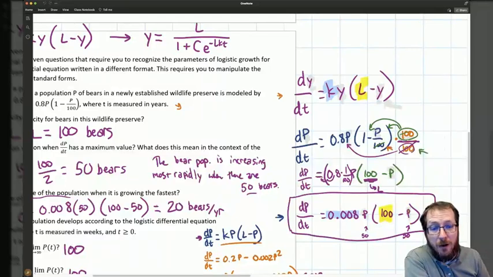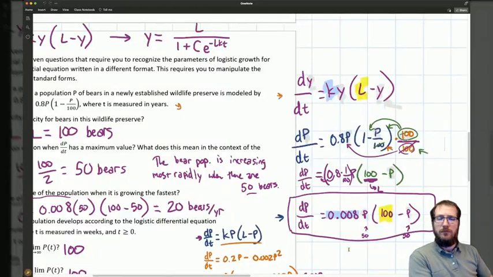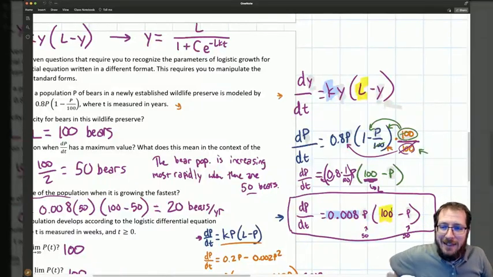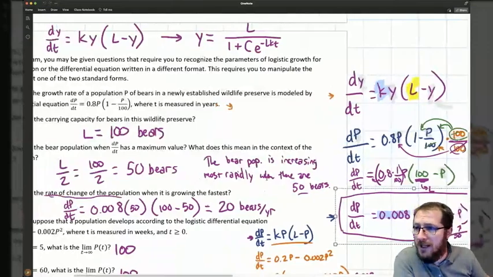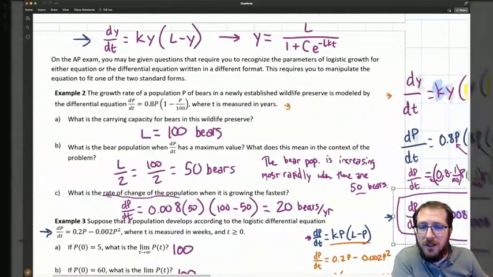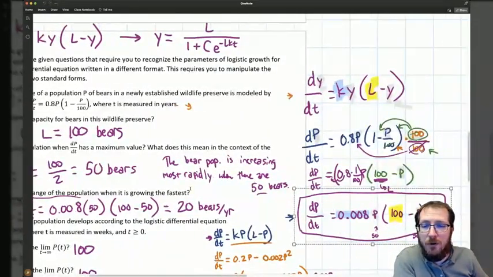We've got our P or our Y by itself. We've got a factor of it on the inside and the outside of our dy/dx, or dP/dt in this case. So now we can accurately pick out, this is our L, our carrying capacity, 100, and this is our K value.